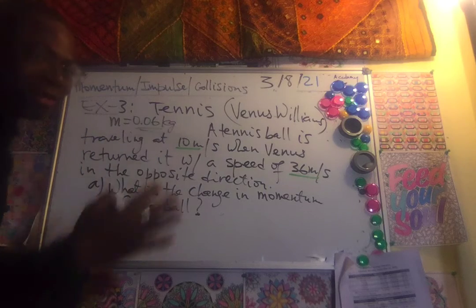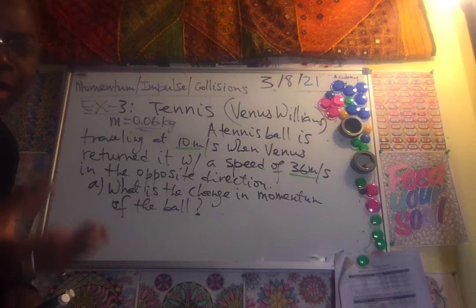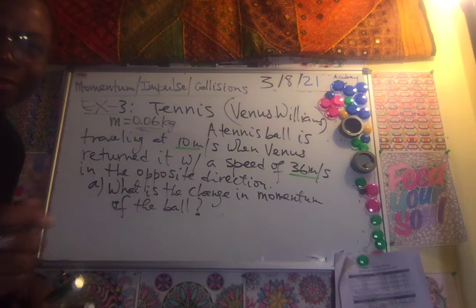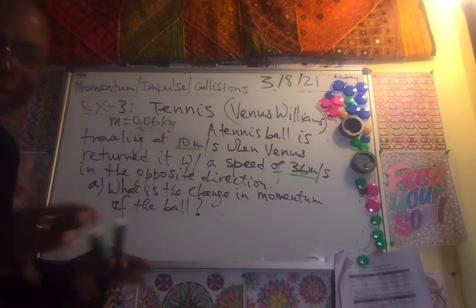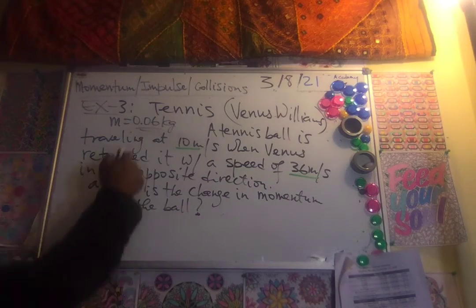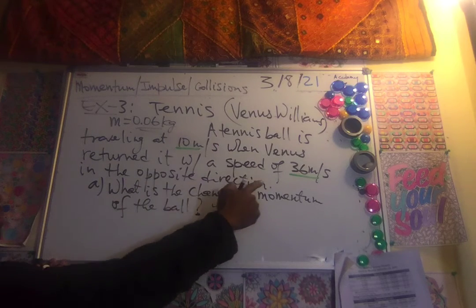We gotta make sure it makes sense. The tennis ball is a little heavier than the golf ball, but it's not as heavy as the hockey puck. So we know the mass, we know the velocity of one, we know the other velocity.